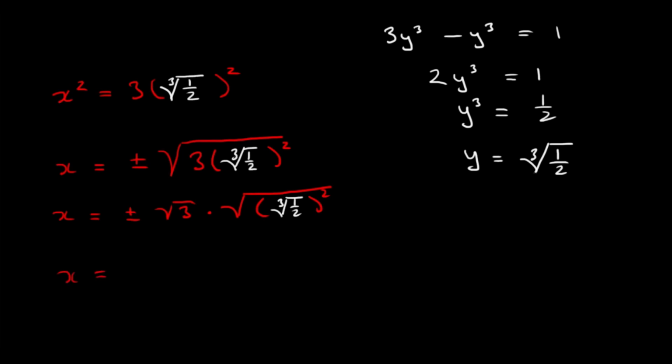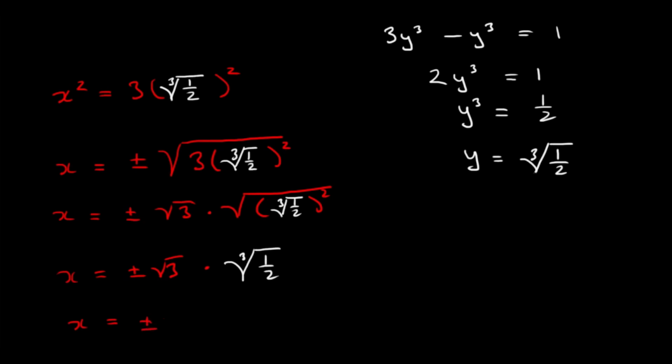x equals plus or minus square root of 3 multiplied by, all we're left with is our cube root of 1/2. And I think at this point, we can take the cube root of the numerator and the denominator, and we have our x values.